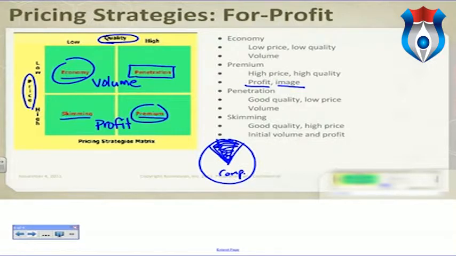Okay? Skimming is a profit objective, and although the chart says low quality, high price, in that quadrant it's actually good quality stuff with a high price. Now, why would you do this? Okay, if I'm saying here that it's a profit motive, what you're trying to do, if you're an innovative company, is get your innovation out there.